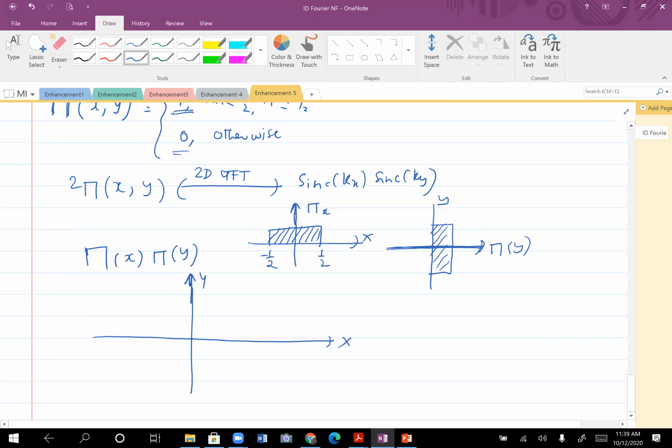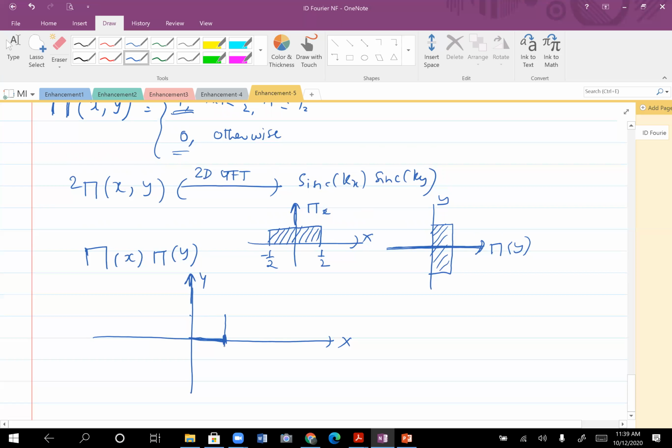So for example, you take x from -1/2 to +1/2 when you are here. This is 1. Similarly for this. It's like an AND gate, right? This has to be 1, and the other one also has to be 1.